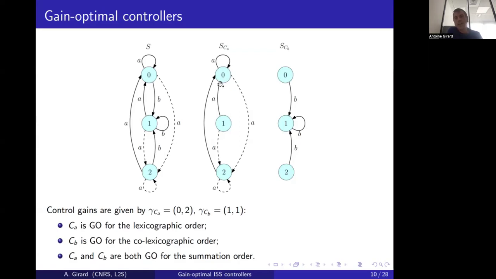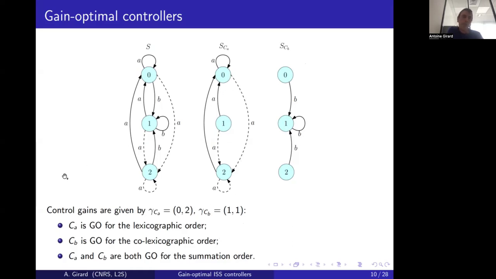And when we have disturbance, we add these dashed edges, and we can see that now the gain is 2. So we get 0, 2 in that case. For the other controller, the disturbance has no effect because we only have plain edges. Here the gain function ends up in this state, so it would be 1, 1, for low-level disturbance and high-level disturbance.